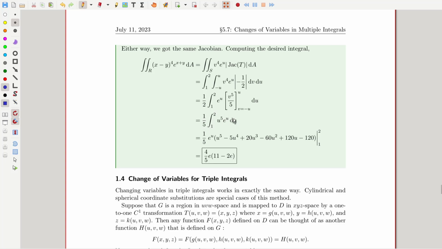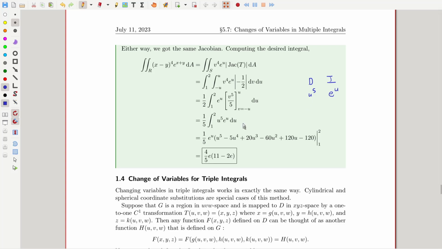If you didn't know tabular integration, this specific integral, you would have to do integration by parts 5 times to reduce it down all the way to e to the u. But with tabular integration, I don't really want to spell out exactly how this process works because that is a lecture in itself.